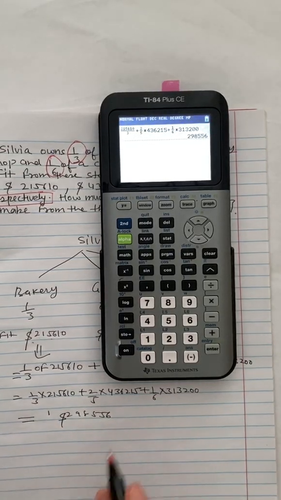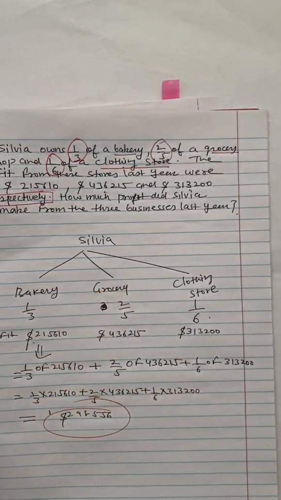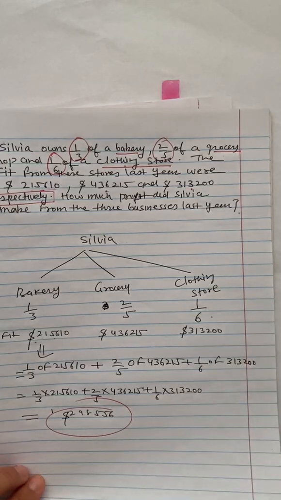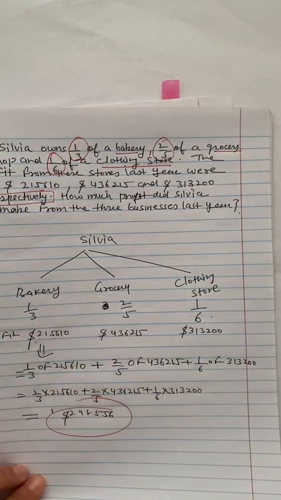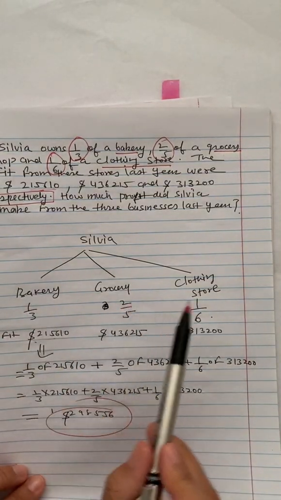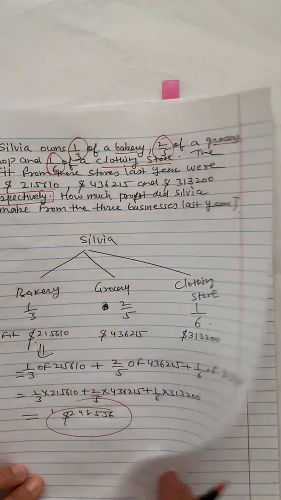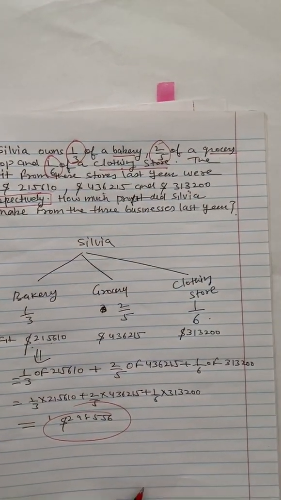So that is her profit, which she got from the bakery shop, grocery shop, and clothing store. That's it for today's lesson.